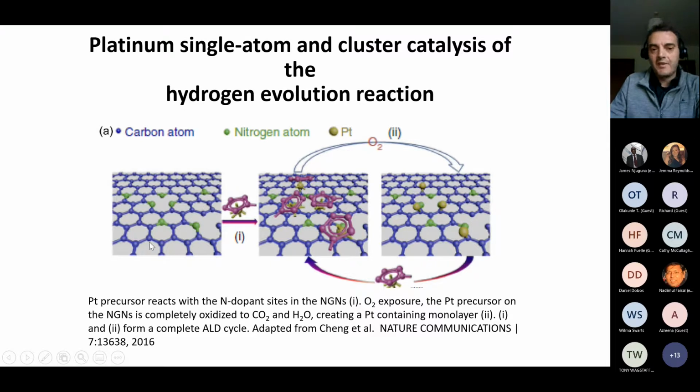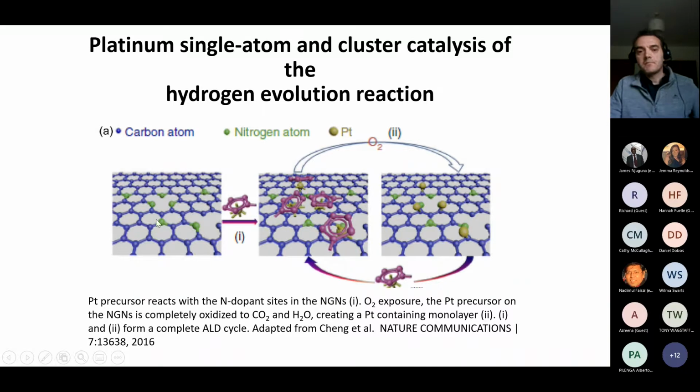So there we have graphene, and in this particular system they have also used nitrogen atoms. The nitrogen atoms, the green ones, are introduced into the system, what they call a nitrogen dopant. A dopant means that we introduce nitrogen into a particular system.